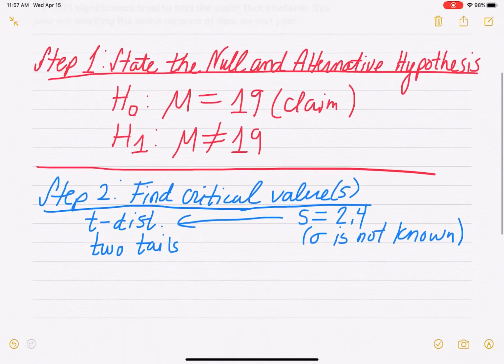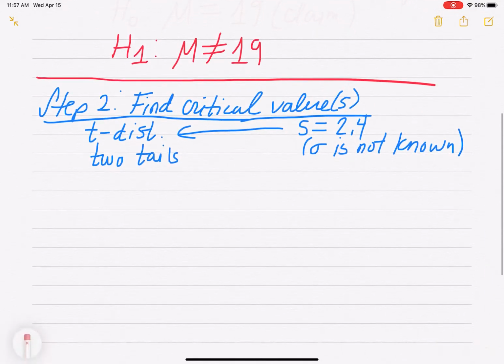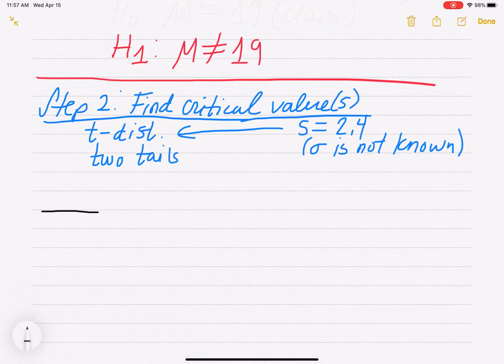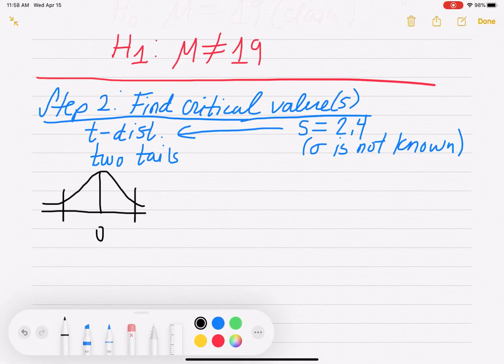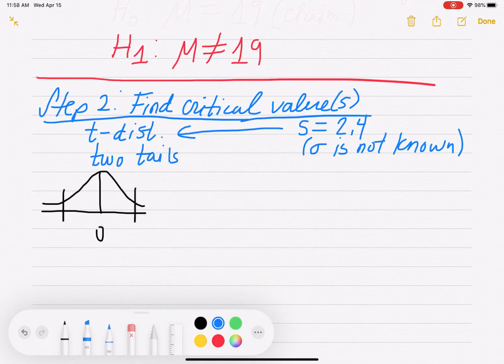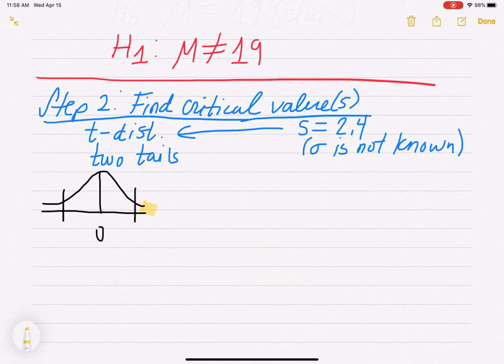So to find the critical values, let's draw a picture. Our t-distribution. Zero's in the center. You're going to have two tails. And in these two tails, you're going to have your significance level, the left tail and the right tail.